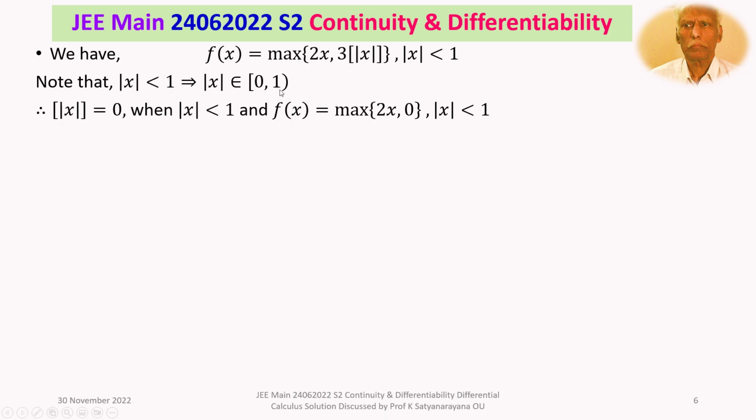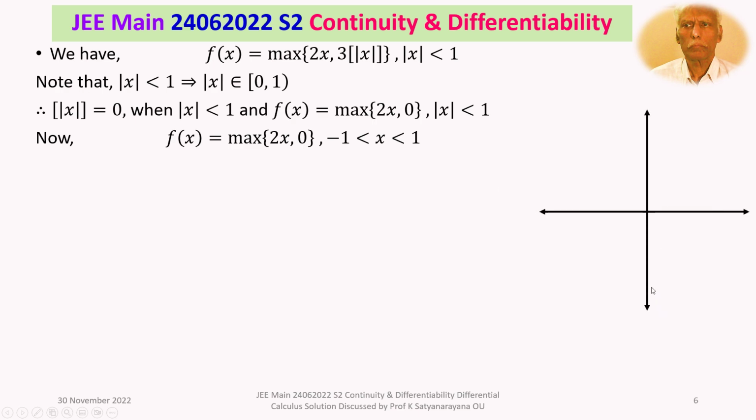So f of x now becomes the maximum of 2x comma 0 when mod x is less than 1. So f of x is equal to the maximum of 2x comma 0 in the interval -1 less than x less than 1, that is, mod x less than 1. Let's look at the diagram.